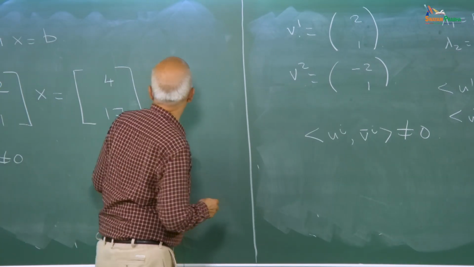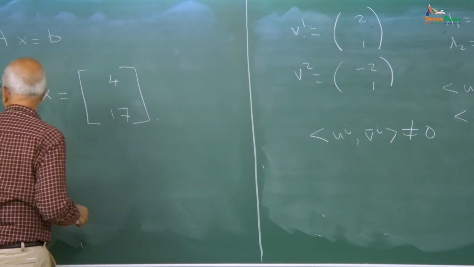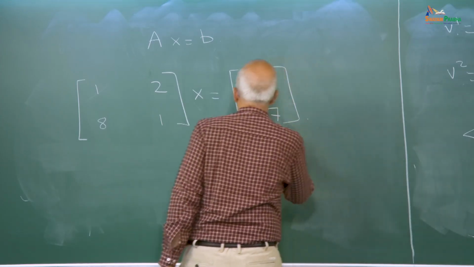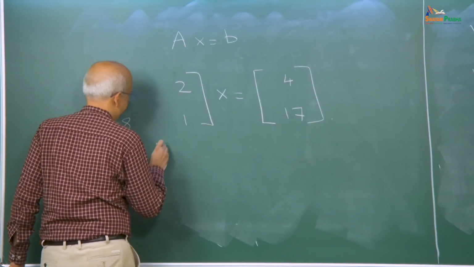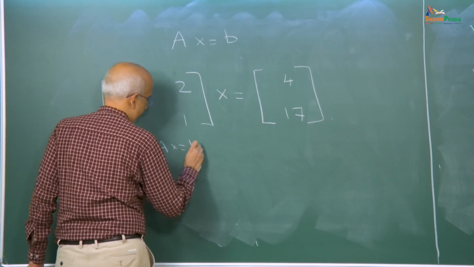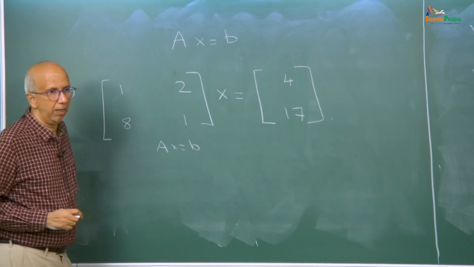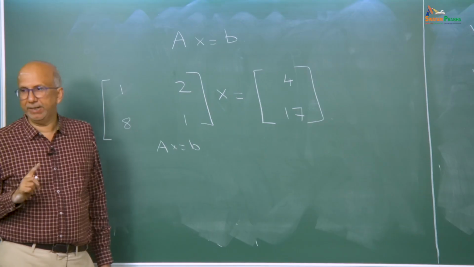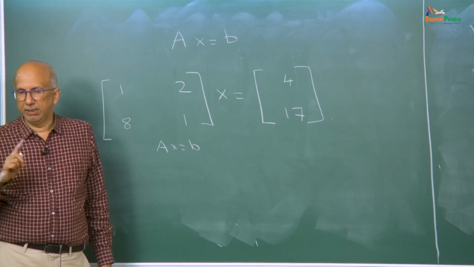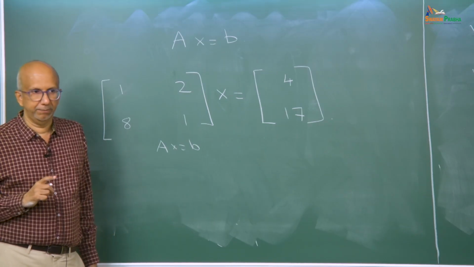So, now if I want to solve this equation, Ax equals B, I need to write B in terms of the eigenvectors of A. Okay.